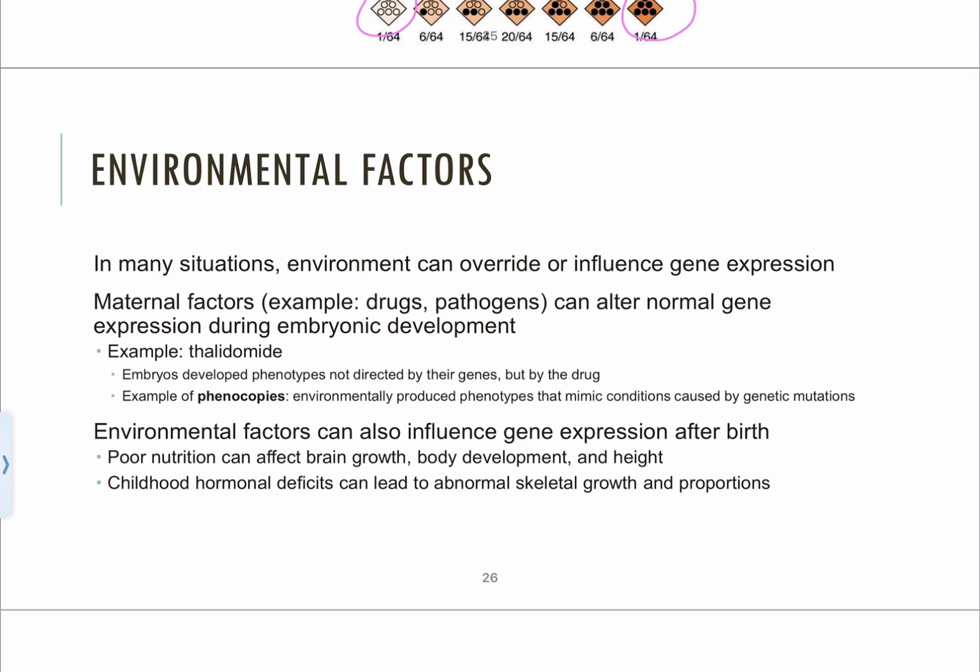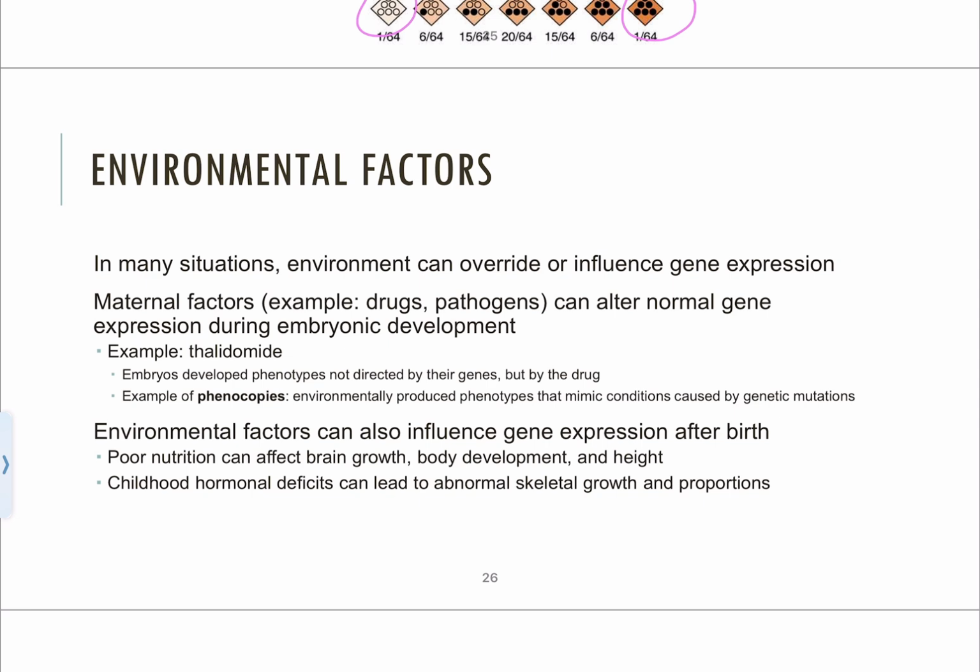In some situations, the environment that we are in can override or influence which genes we express. Things like drugs or even pathogens or viruses can go in and alter our normal gene expression during embryonic development. One example was thalidomide, a morning sickness drug that was used in the 60s.